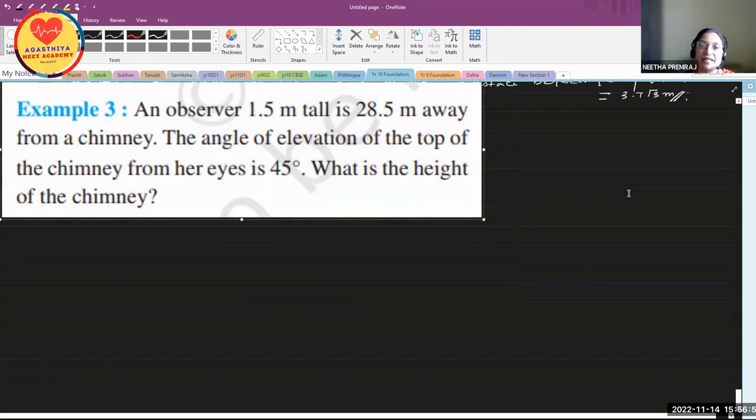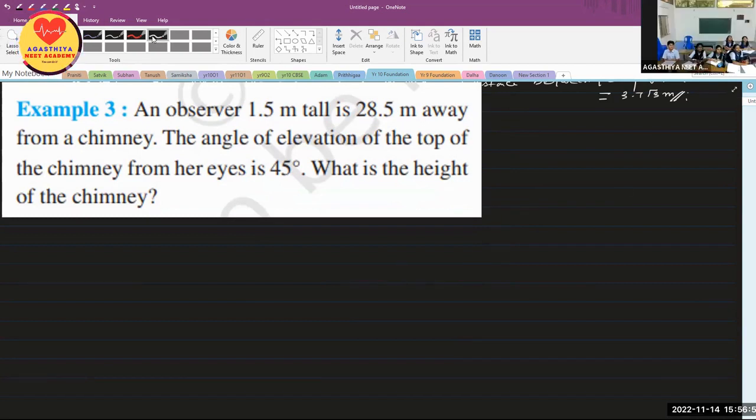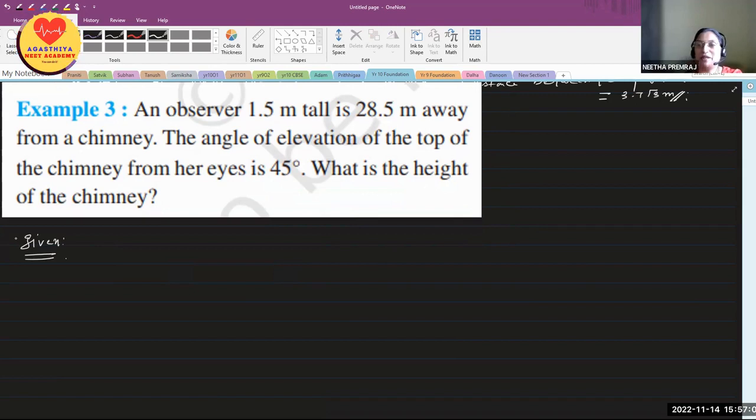Okay. See, can anybody read and explain the sum? Guys, anyone? Okay, the boy in the corner, please go through the sum and explain it. Ma'am, the observer is 1.5 meters.